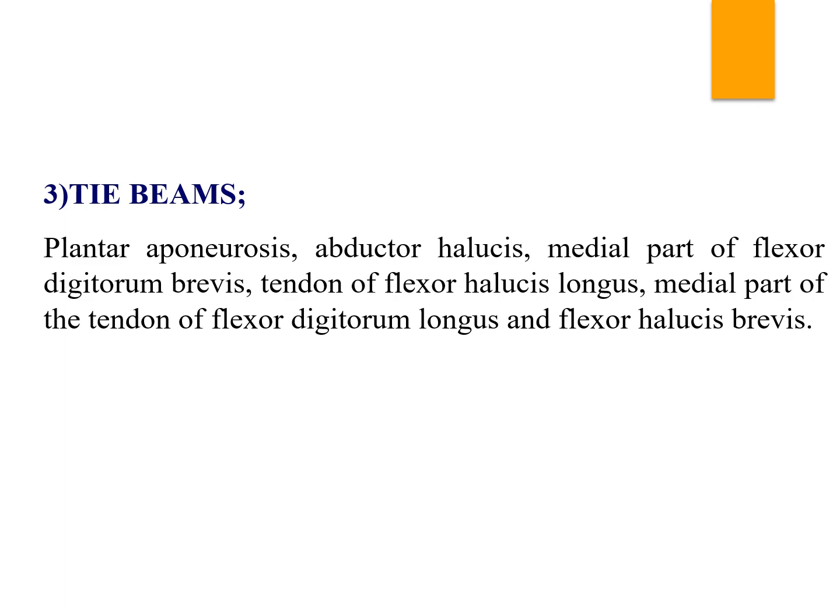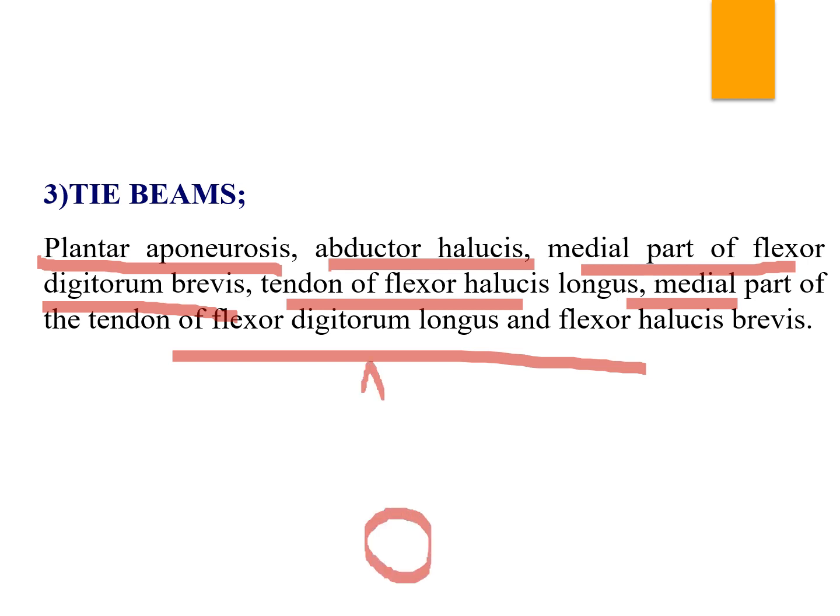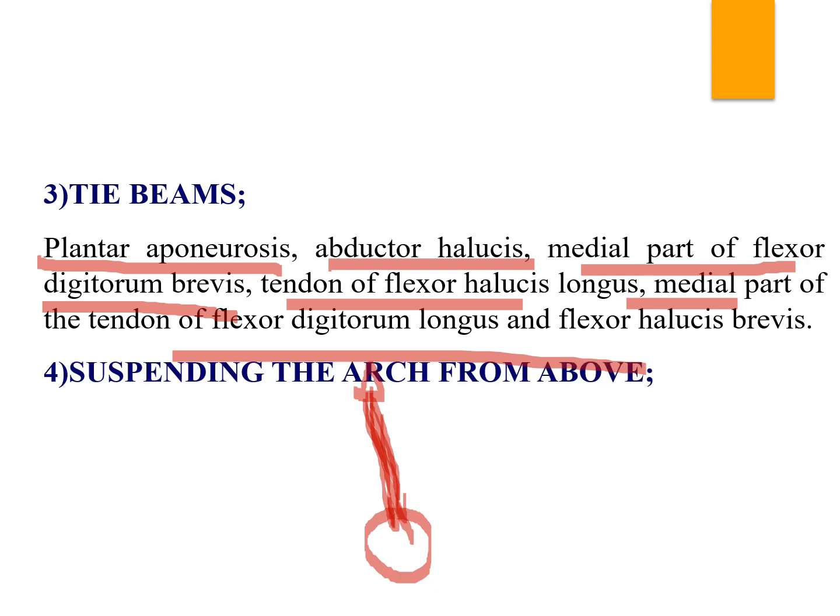So what are tie beams? Extending from anterior to posterior, you can easily understand, are the muscles and the aponeurosis on the medial side, in the first layer, the second layer or the third layer of the sole of the foot. If you think this is the calcaneus and this is the first metatarsal, whatever structures extend, muscles or ligaments or aponeurosis, from one end to the other end, they are called tie beams.